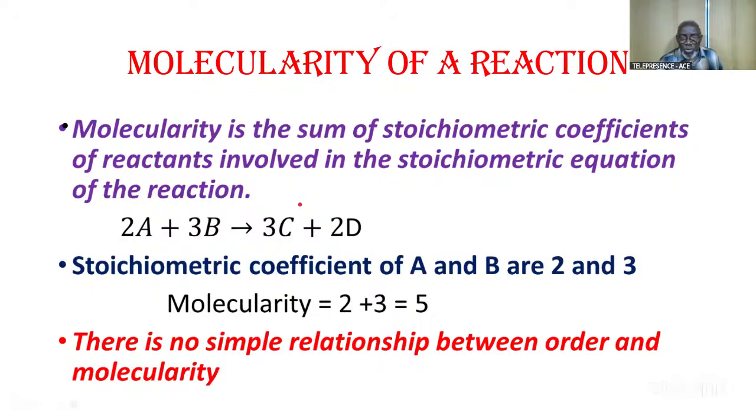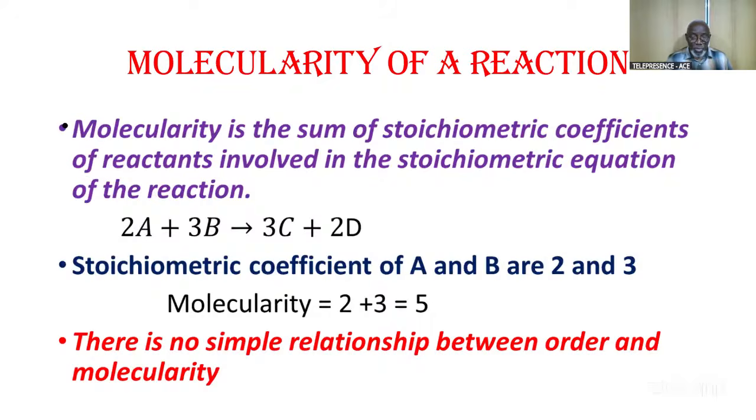The stoichiometric coefficients of the reactants A and B are 2 and 3. And so the molecularity is the sum. So we have to add 2 plus 3 to get 5. Therefore, the molecularity of that reaction is 5.